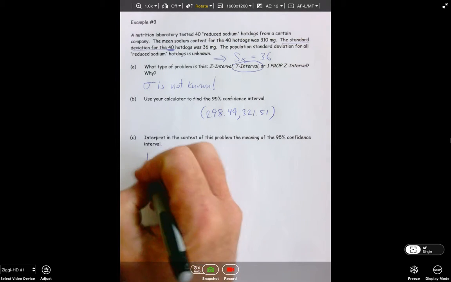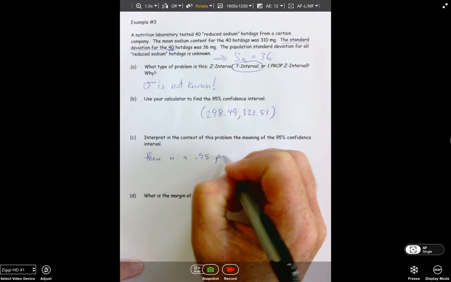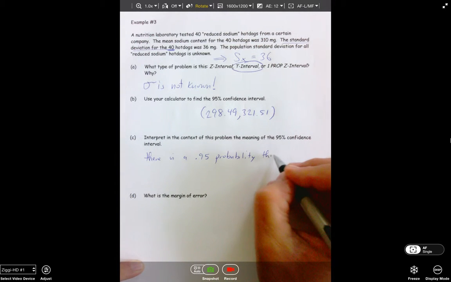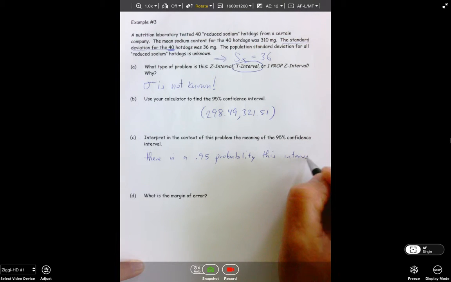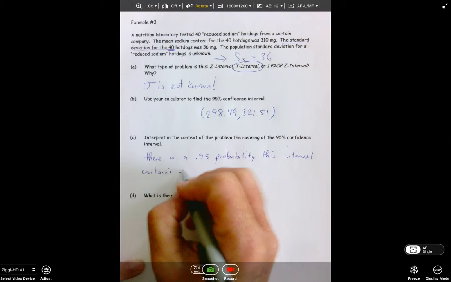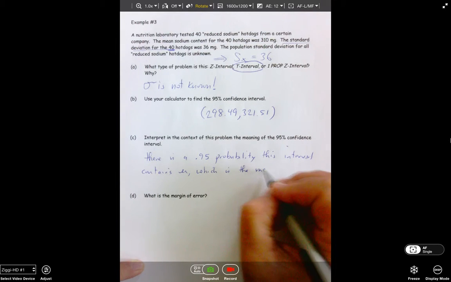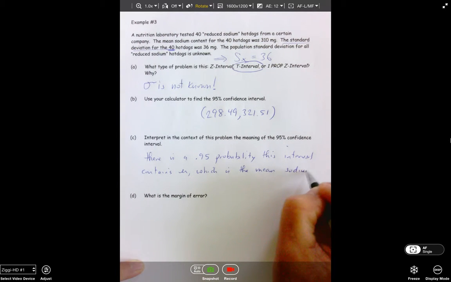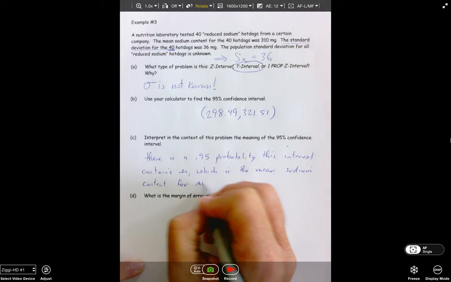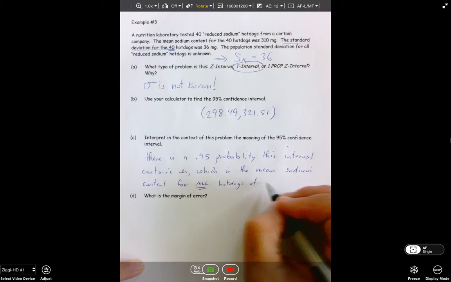Interpret, so there is a .95 probability this interval contains mu, which is the mean sodium content for all hot dogs of this brand.